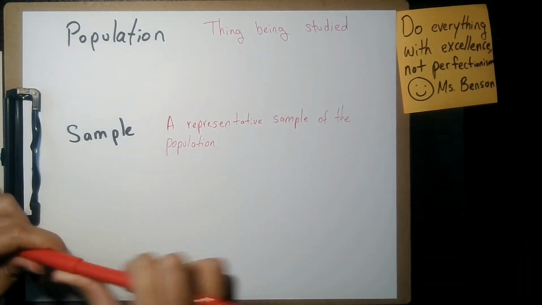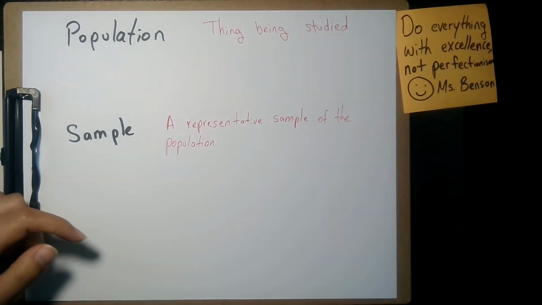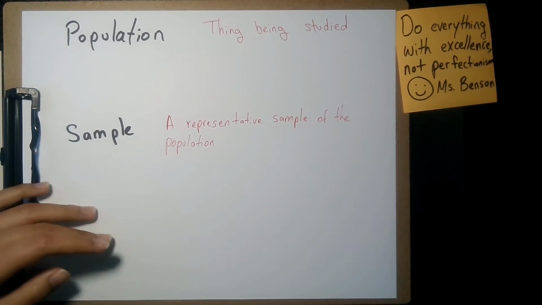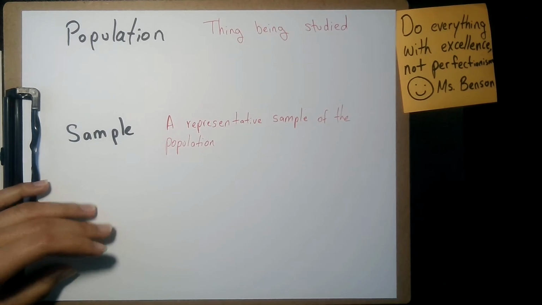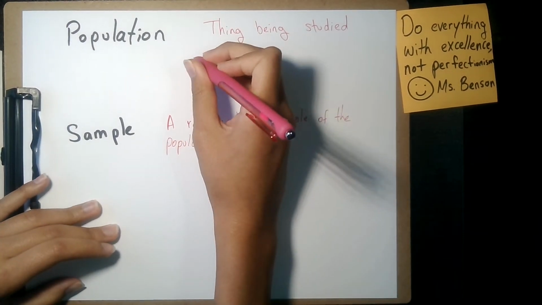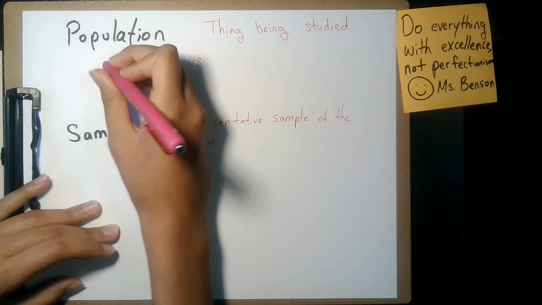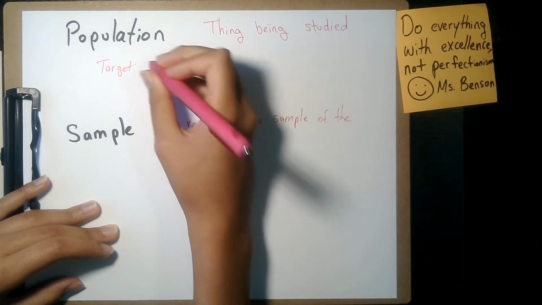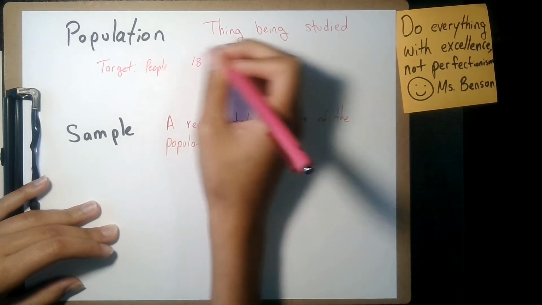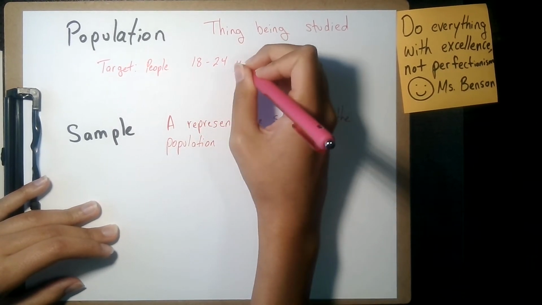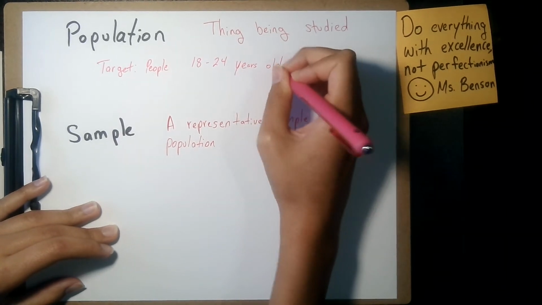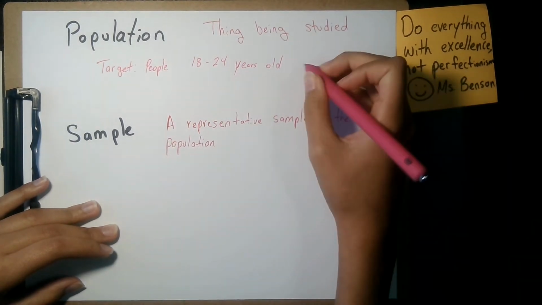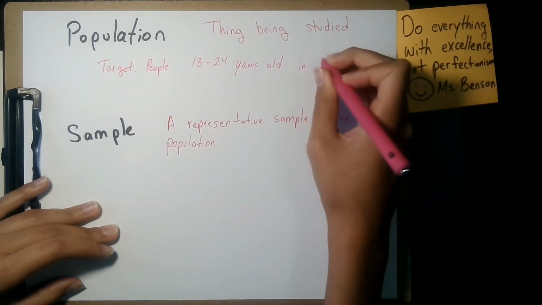Okay, so let's say that we were doing a study and we wanted to survey people who were between the ages of 18. So our target population are people 18 to 24 years old. And we're specifically targeting people who live in Texas.